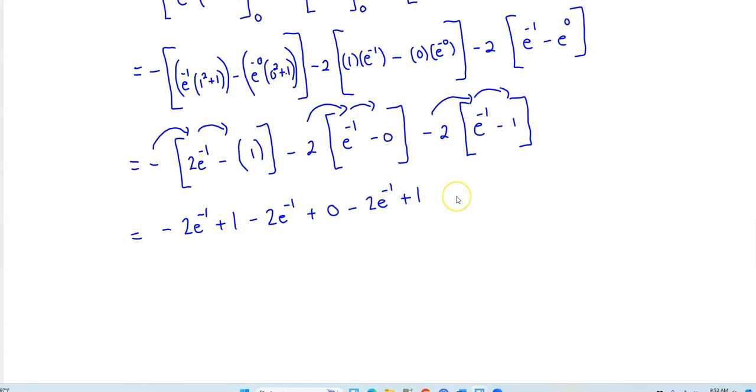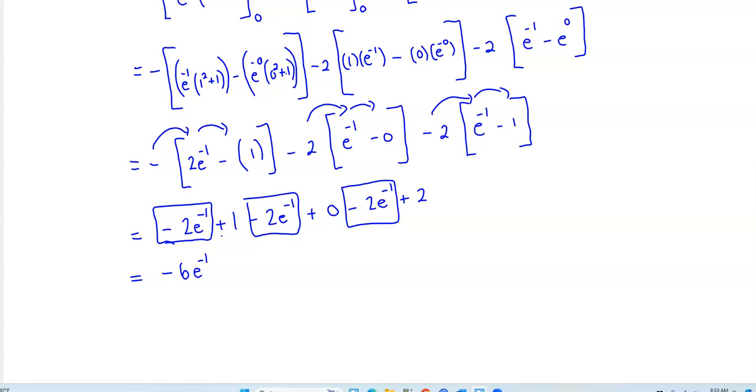That should be plus 2, because we're distributing negative 2 times minus 1. So that gives us plus 2. So now let's go ahead and combine like terms. So we have our like terms here. When we combine those three, we get negative 6e to the negative 1. And then we have 1 plus 0 plus 2, which is plus 3. And therefore there is our solution.